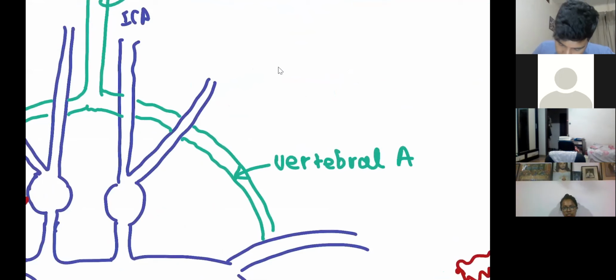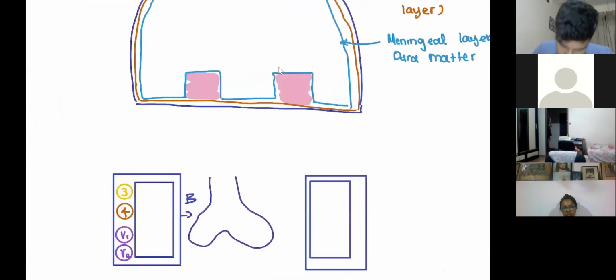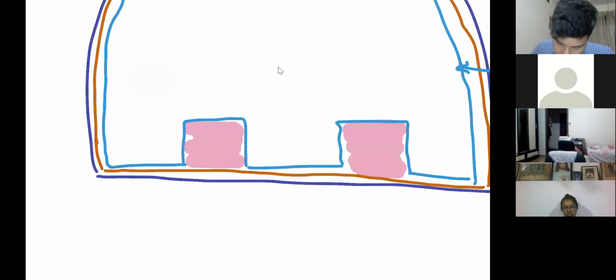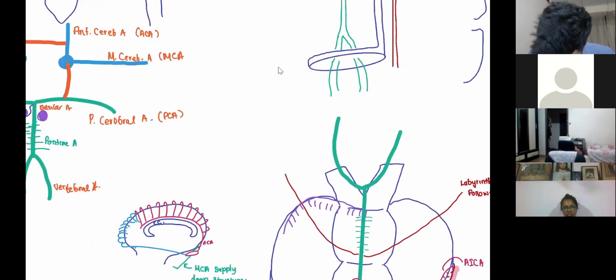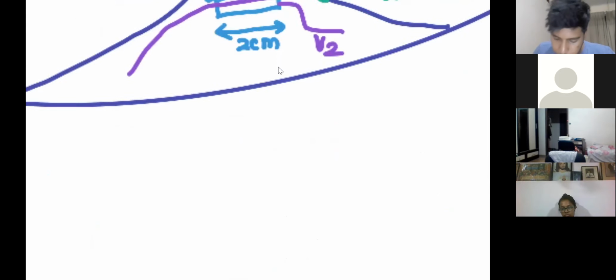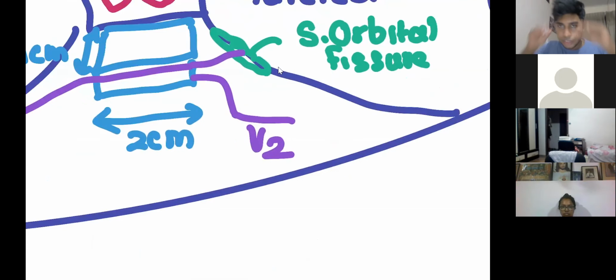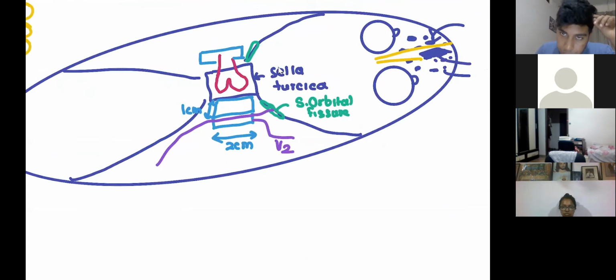There's one more nerve, cranial nerve 6, but it is inside. Cranial nerve 6 is the only nerve which is inside. Remember that. The others go along the lateral wall of the cavernous sinus, through the superior orbital fissure, and supply the eye. These are nerves related to the eye.